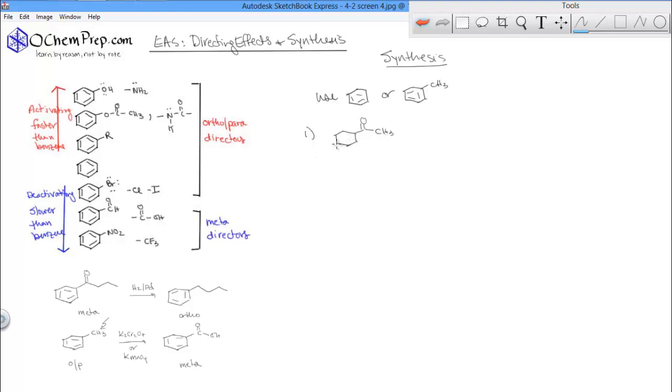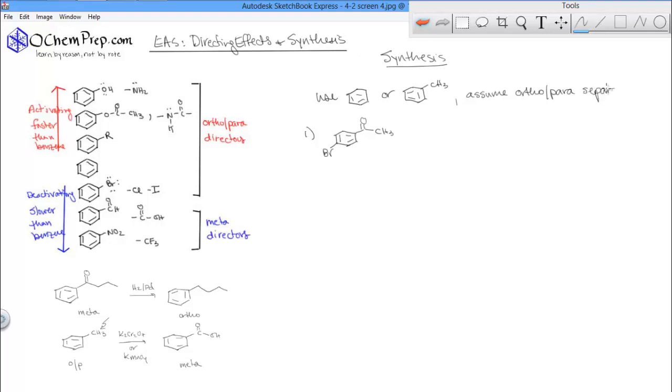I want to make para-bromo acetophenone. You're always going to also assume that you can separate out the ortho and para isomers. It's a big assumption, but we're not doing the laboratory work. We're just doing this on paper and pencil. So assume ortho and para can be separated.